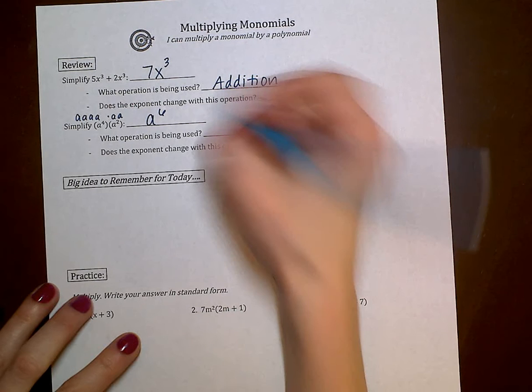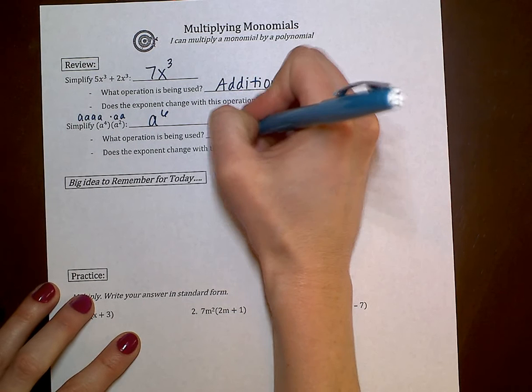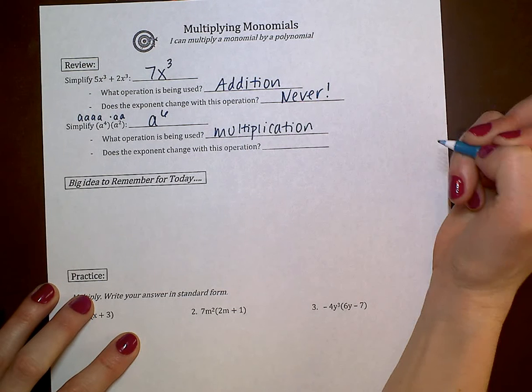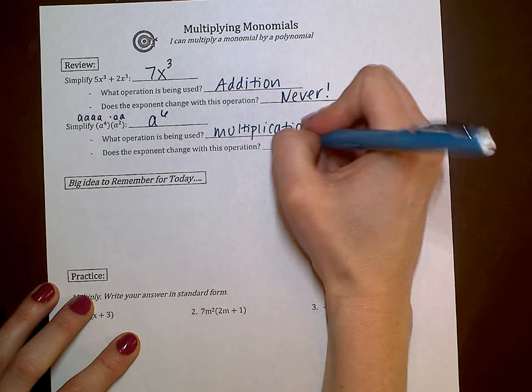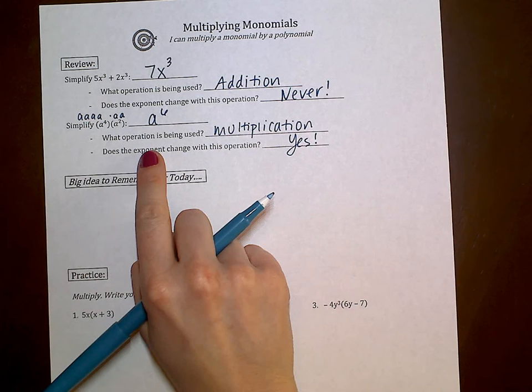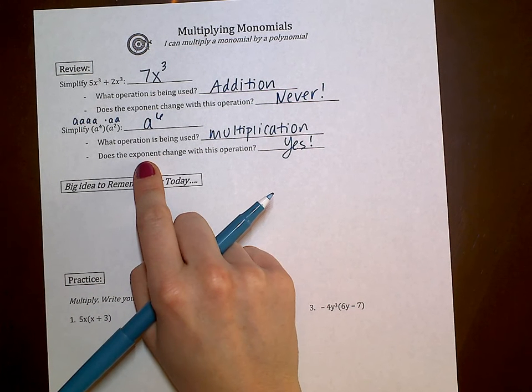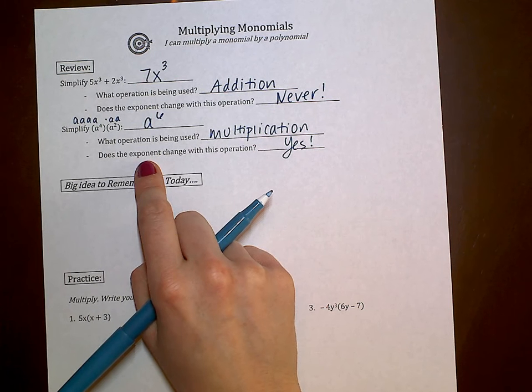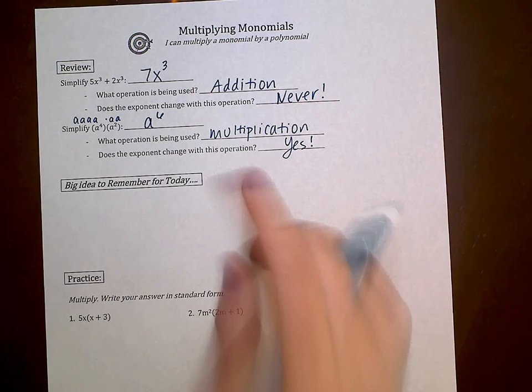So when you're multiplying, does the exponent change? Yes, it does. So this stuff just kind of all looks very similar, but you have to remember a lot of different rules. So be careful here. And again, this ties in things we did last unit, which can be tough for people to carry those skills over. So be very careful.